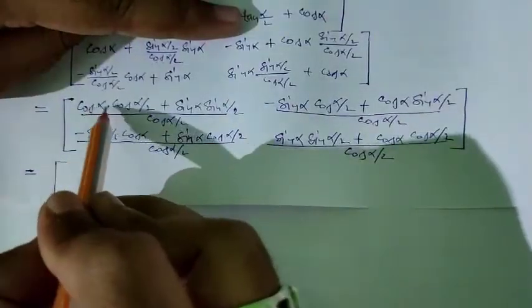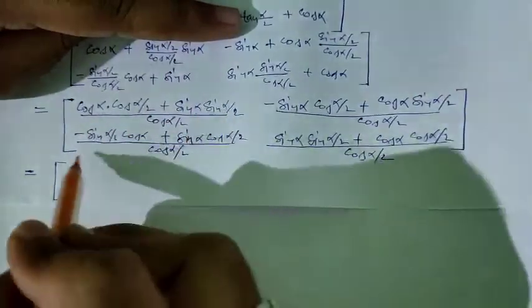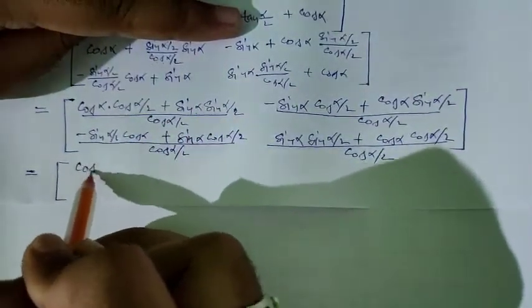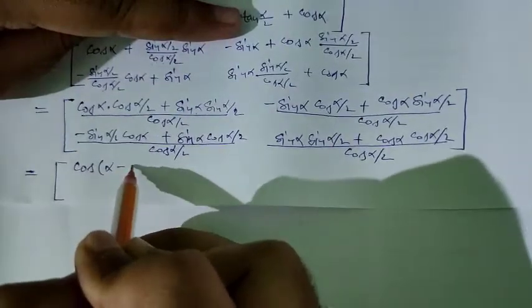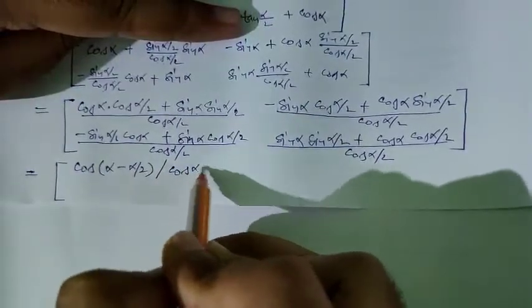Now this part, cos alpha cos alpha by 2 plus sin alpha sin alpha by 2, we can write as cos of alpha minus alpha by 2, divided by cos alpha by 2.